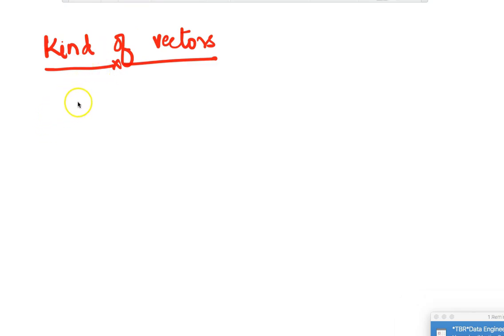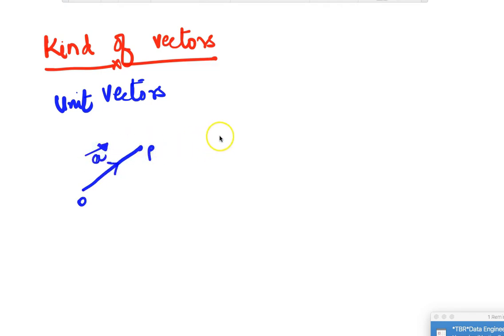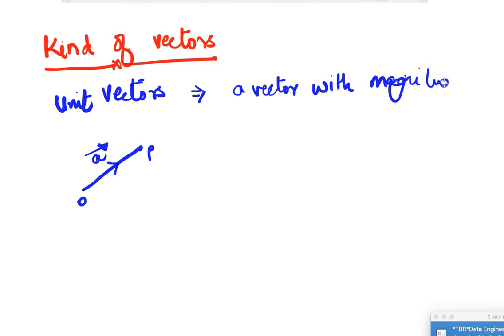Now let's talk about a more important concept, which is unit vectors. So if you have an OP vector, then a unit vector is nothing but a vector with magnitude equals to 1.